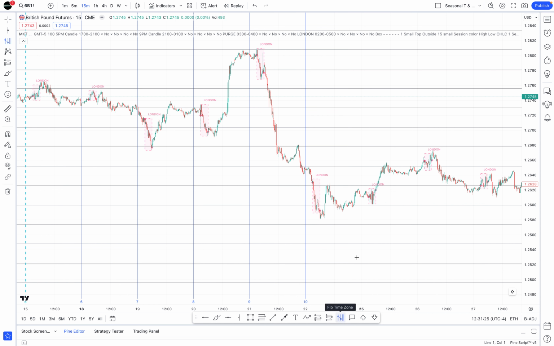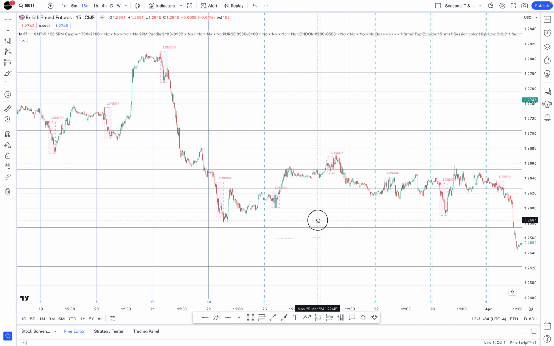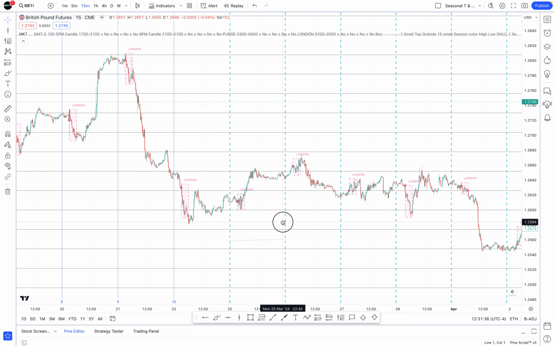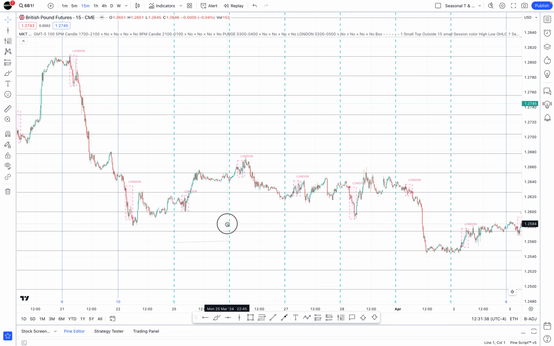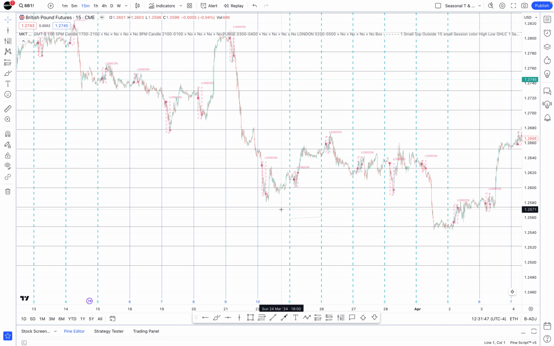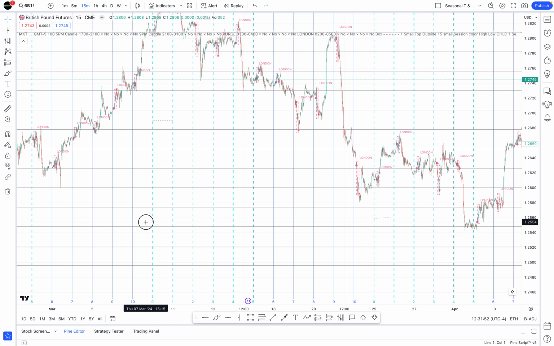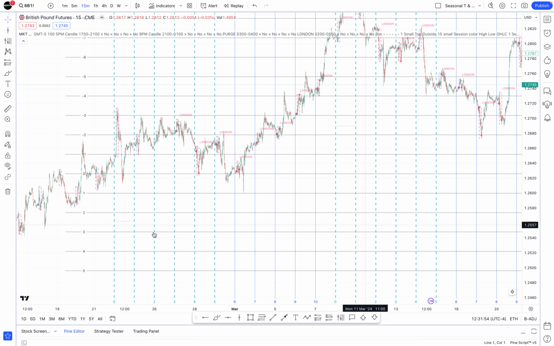Okay. And now it becomes a bit wonky. So it's February.